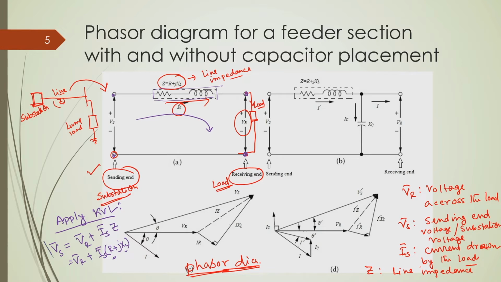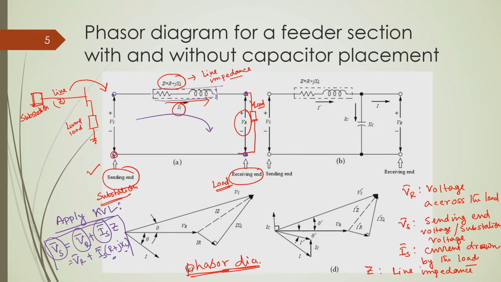So, this algebraic expression will help us to draw the phasor diagram. First, in order to draw the phasor diagram, we have to keep some parameter as a reference. Here we have two voltage parameters, one is V s, another is V r, and also we have this current.